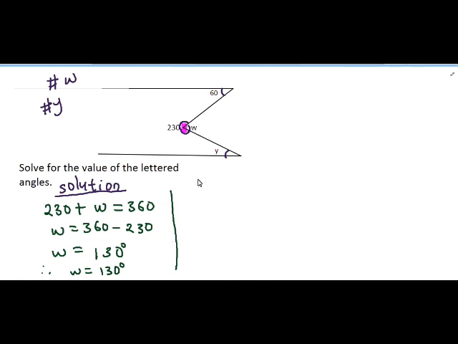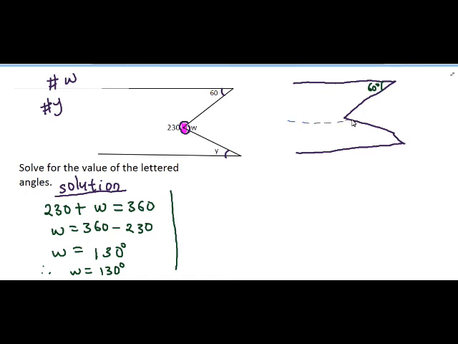I think I have to redraw this to give us a better sense of what this diagram is actually like. So have 60 degrees here, don't forget. I want to dissect this line.